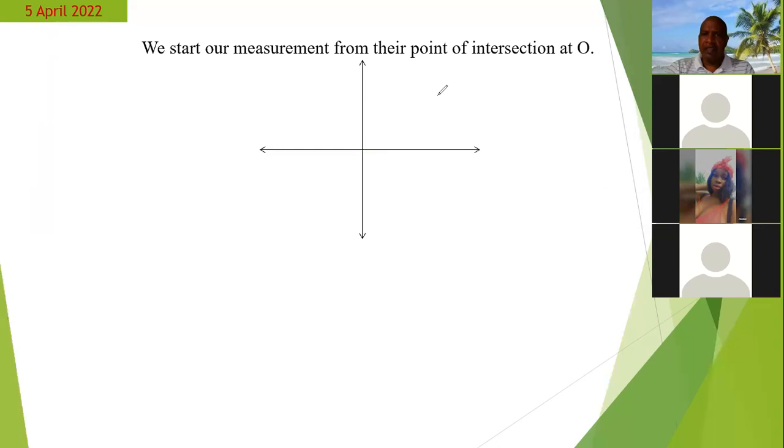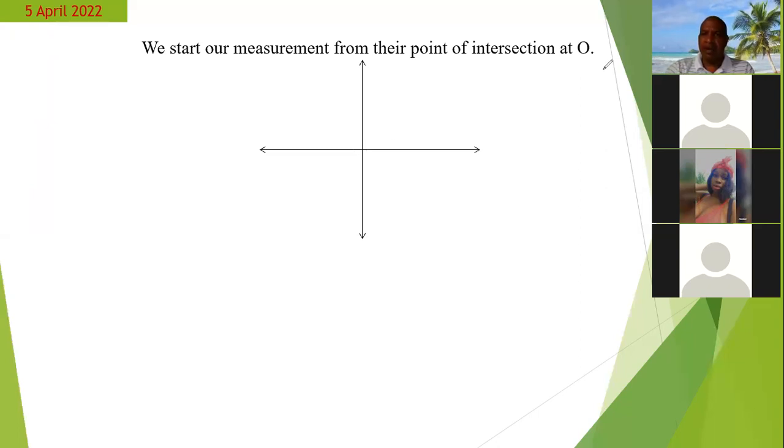So that is the point of intersection. So any point where the two axes cross, that is what we call the origin. Now, why do we refer to the intersection as the origin?